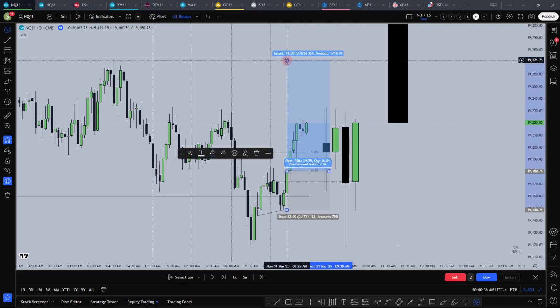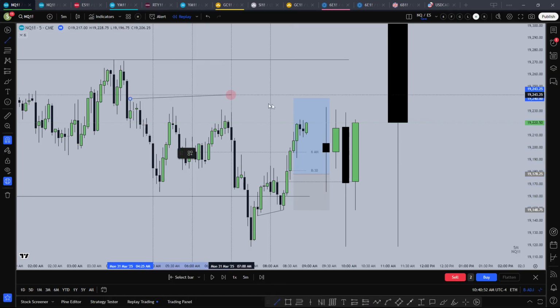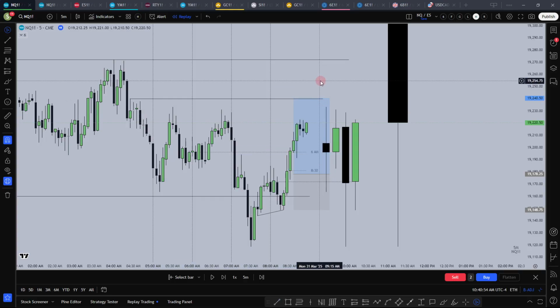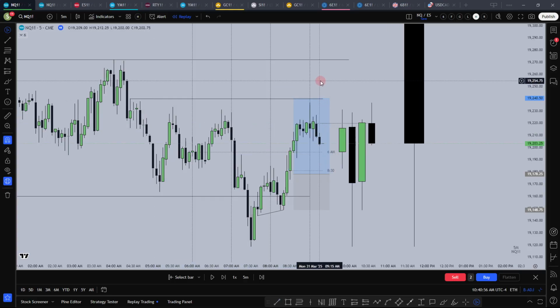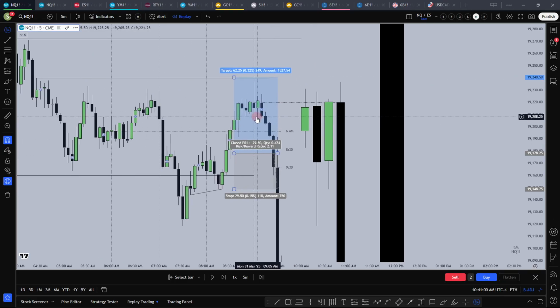Would have been like 2, and a better fill would have gotten you here. So this level, and it melts through it.